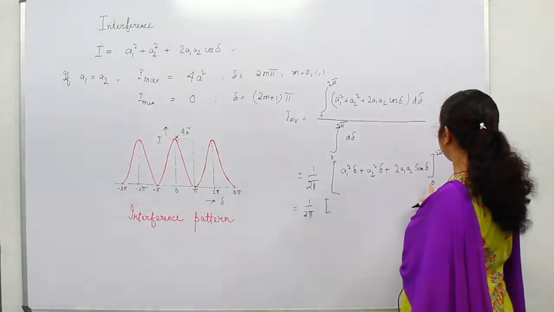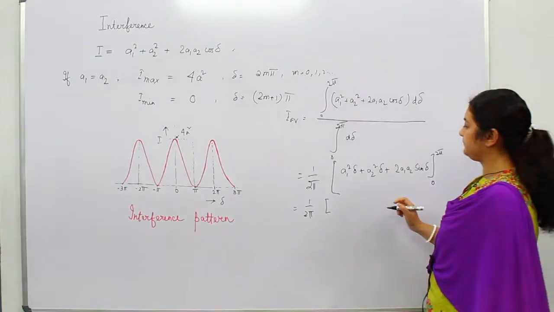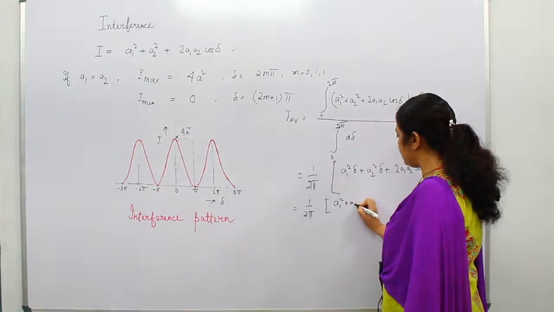If we put 0 here, we will get 0. So we are getting A1 square plus A2 square.